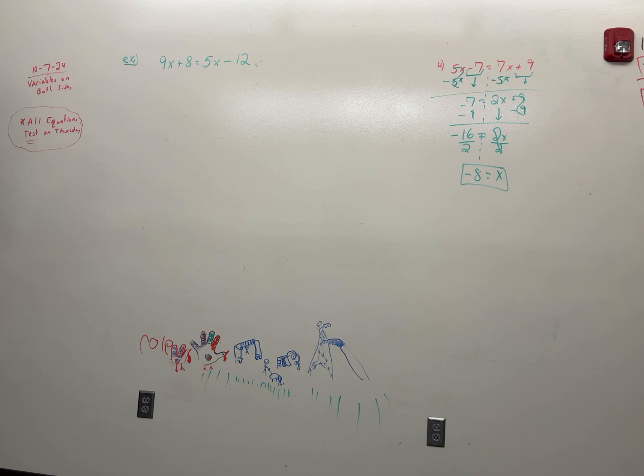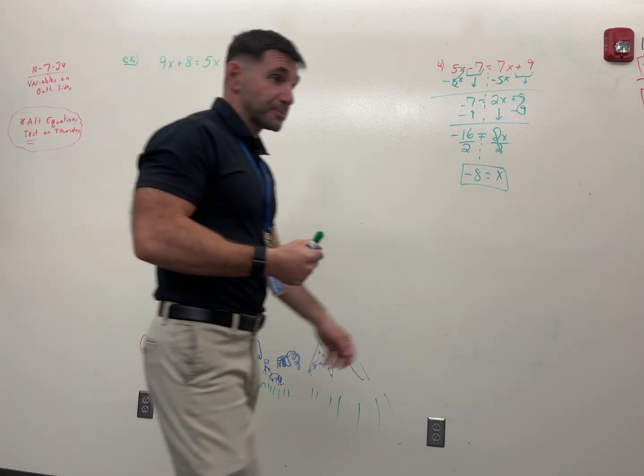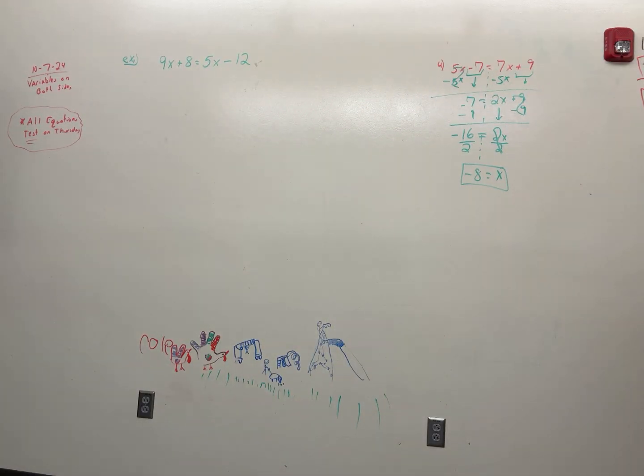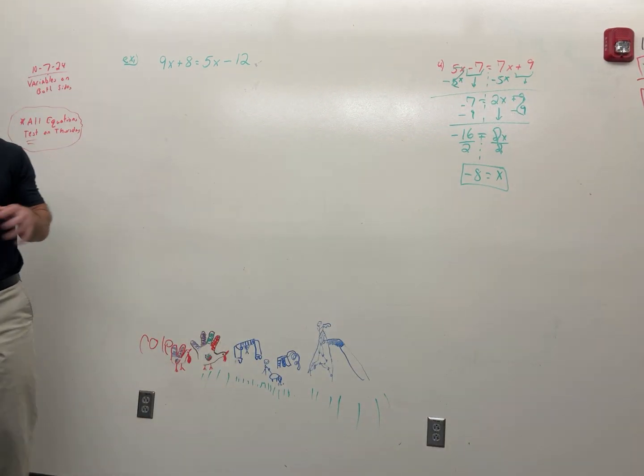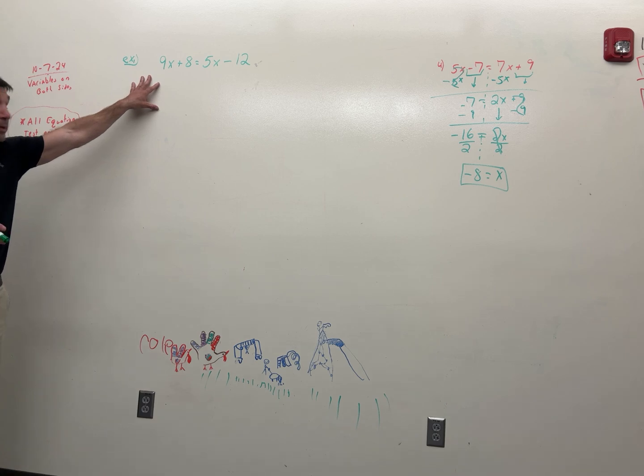Copy it down. You need to have it copied down first. Ready? Everybody's going to do this with me. Step 1, find your balance point. Show me your balance point on your sheet or on your paper. So write the balance point. Step 2, I expect either head shaking no or head shaking yes. Step 2 says distribute if needed. Do we need to distribute?